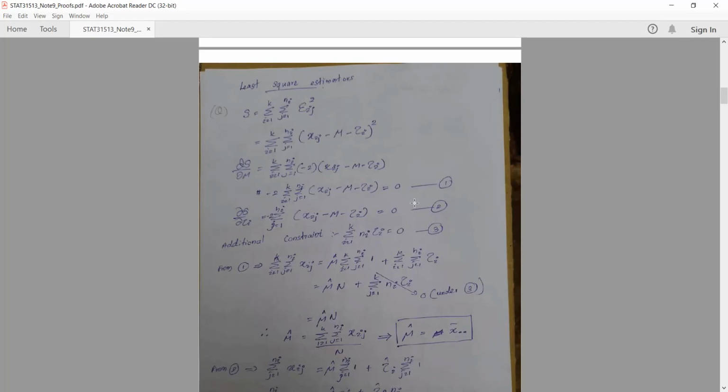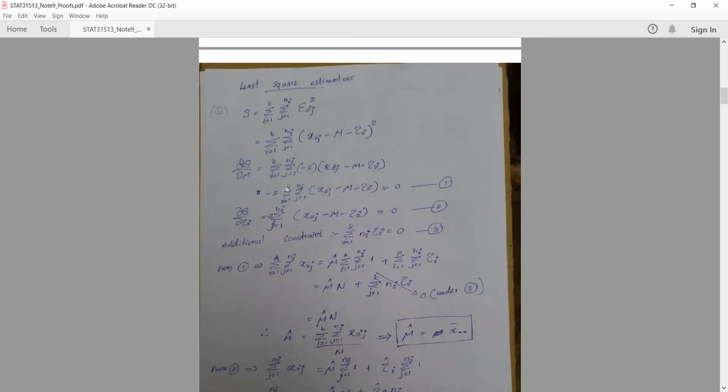We are going to use these 3 equations to find the estimators for our parameters in the completely randomized design. Let's take equation 1. If you divide both sides by minus 2, it will cancel out.